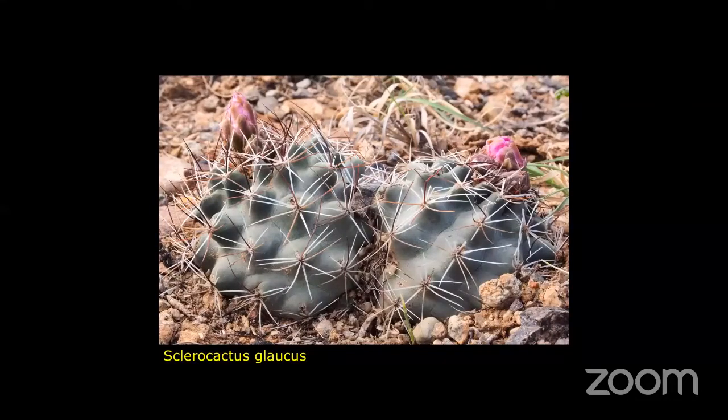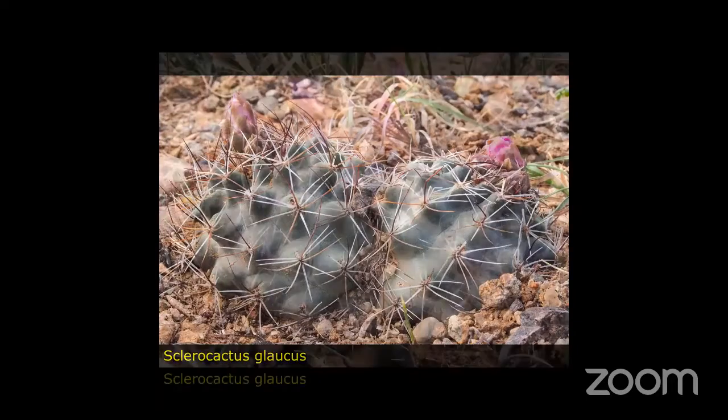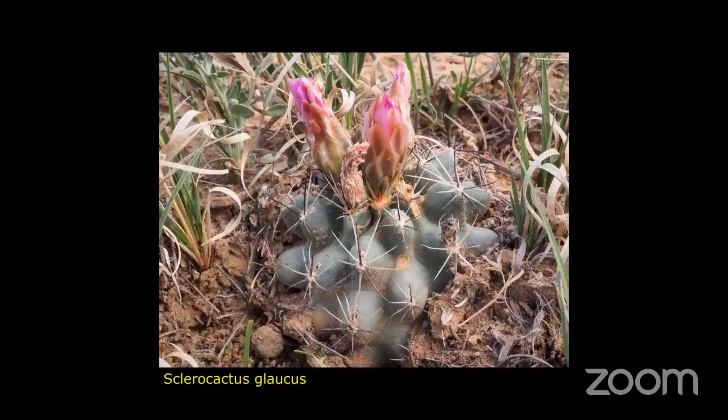So they're small globular plants. They have prominent tubercles or incipient ribs. And here is another view of these very different looking plants. And you can certainly see that their central spines are unhooked in this case.